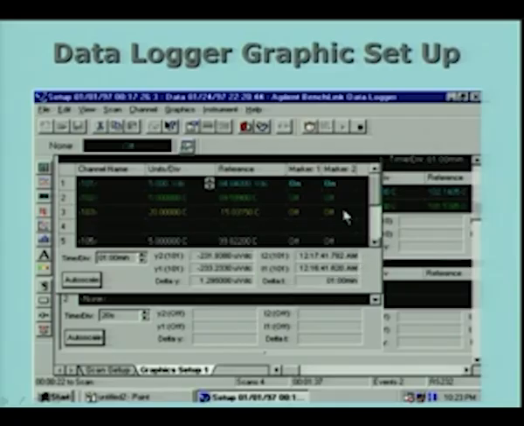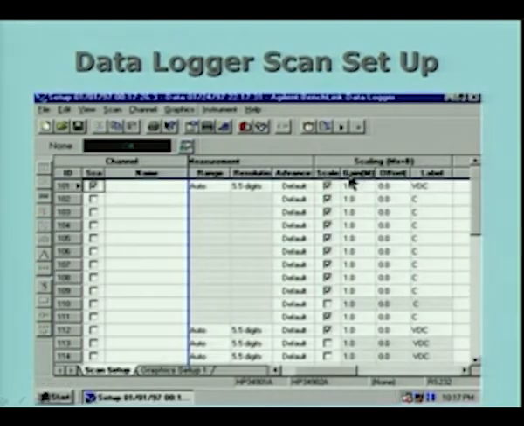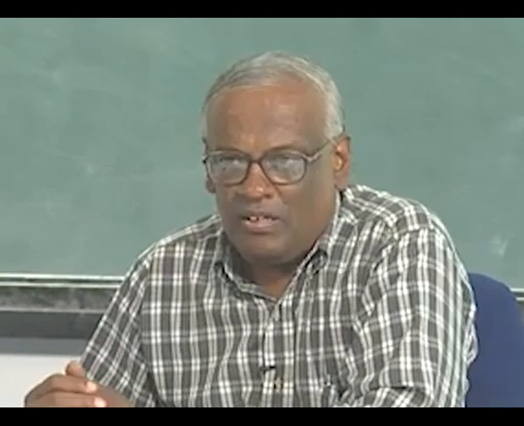The next slide shows how we set up the data logger for scanning the data. What is the scan? Because the data logger has several channels, each channel has to be measured in a definite way. Suppose I have 4 channels, I cannot measure all the 4 channels at the same time.